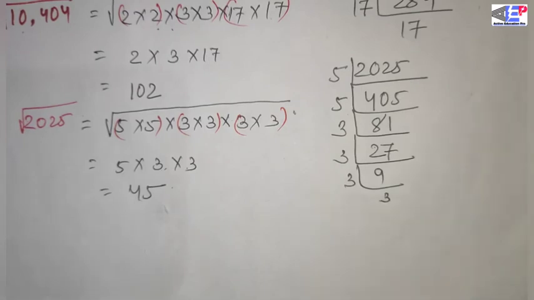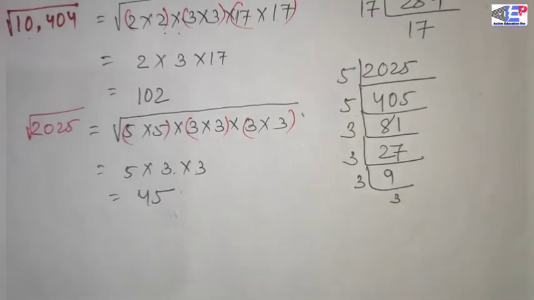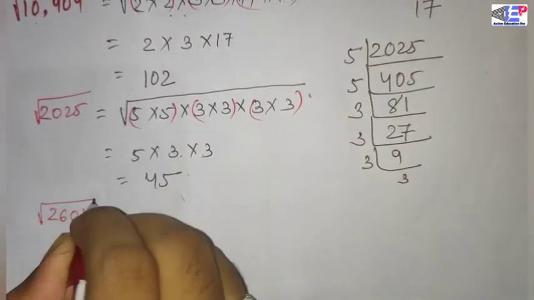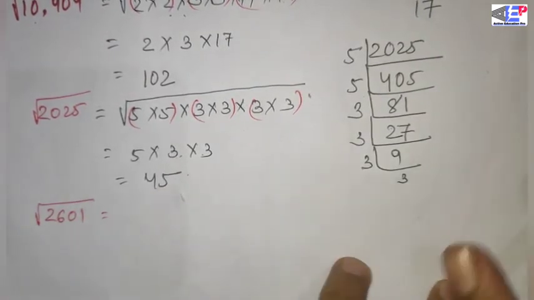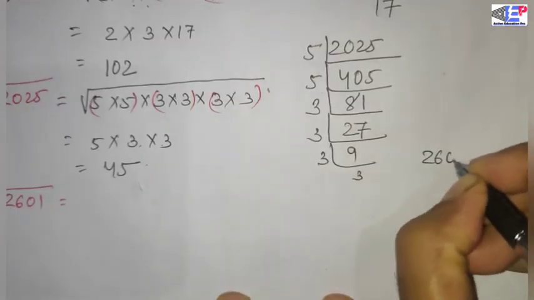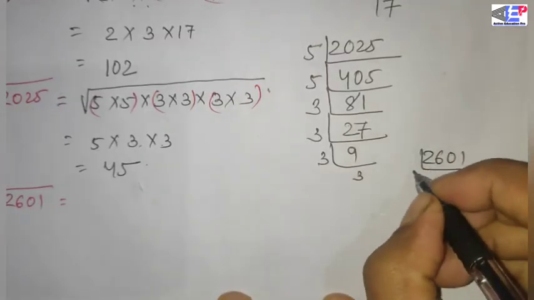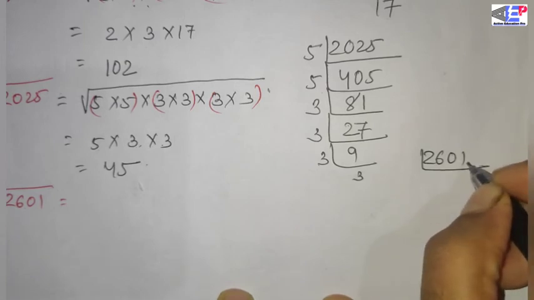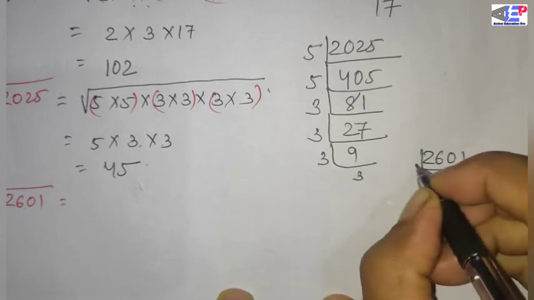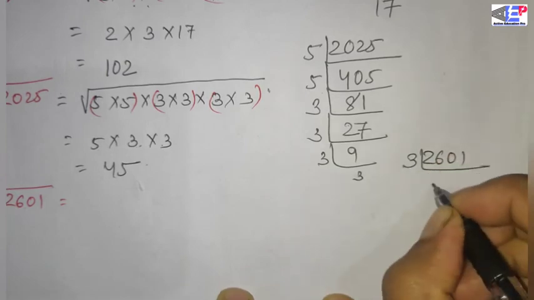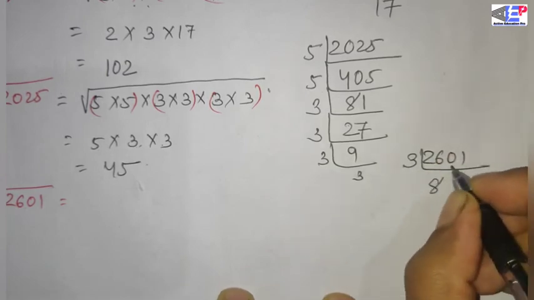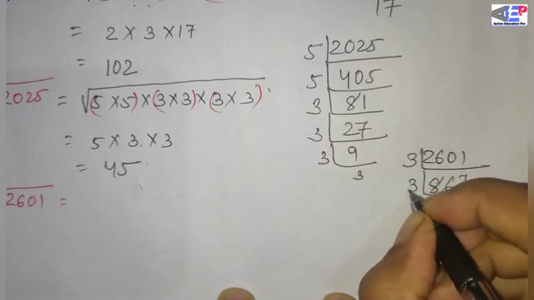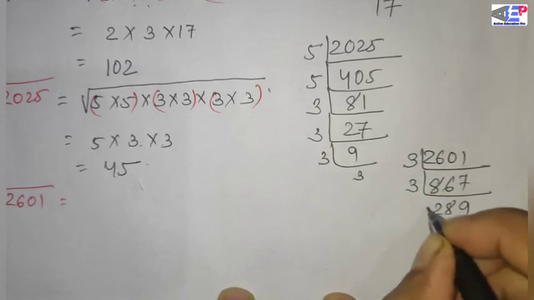Then next we check for 2601. It contains 1 at its unit place, so it cannot be divisible by 2. Then let's check it for 3. 3 8s are 24, remaining 2, 20, 3 6s are 18, 3 7s are 21, 3, this is 289.